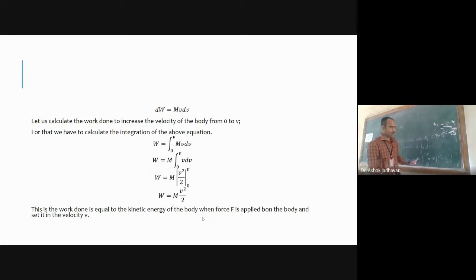If I substitute the upper limit and lower limit in this equation, then W is equal to mv square by 2, and this is the work done. This work done is equal to the kinetic energy of the body when some force F is applied on the body, and the body is set in some velocity v. So did you get what we have discussed here?